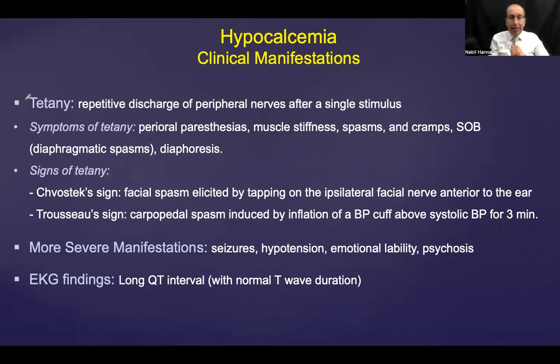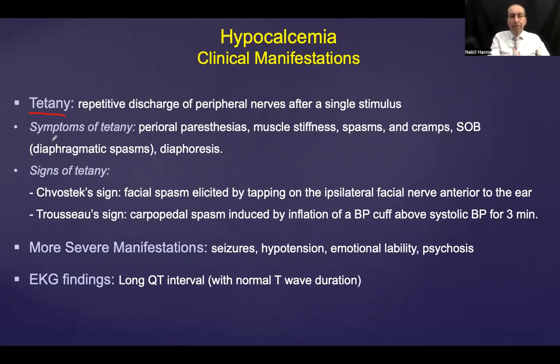Excitability increases. When two are kissing, the closer they get to each other, the more the tension and the more the excitability. So in hypocalcemia, the excitable tissues become more excitable, and we develop tetany, which is the repetitive discharge of peripheral nerves after a single stimulus.